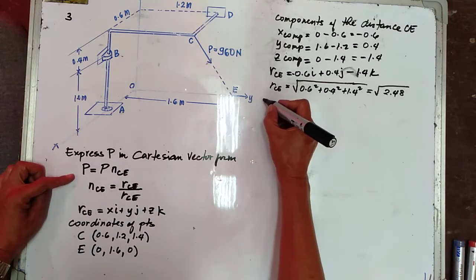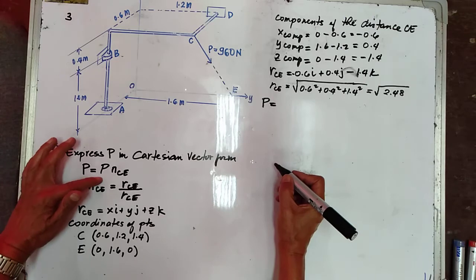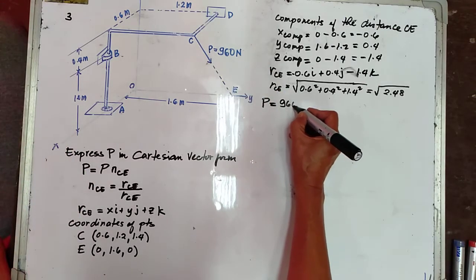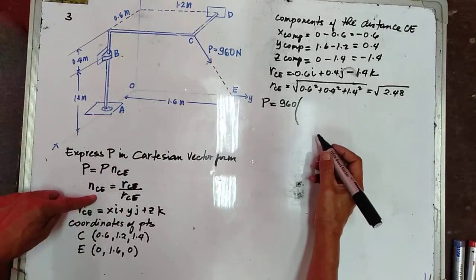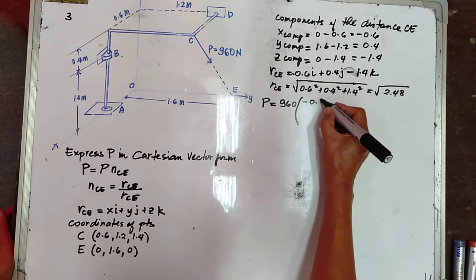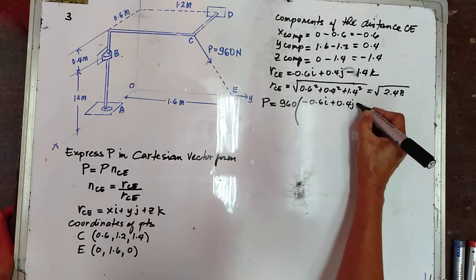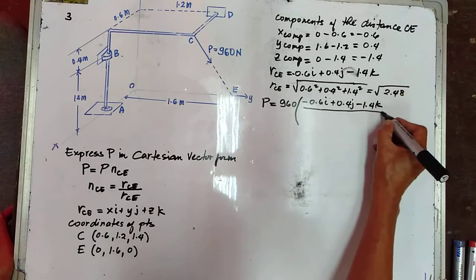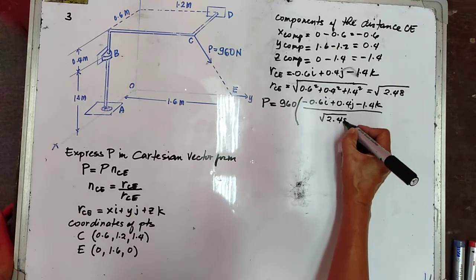So in Cartesian vector form, your P is equal to the magnitude of P, that is 960, multiplied by the unit vector CE. So we have minus 0.6i plus 0.4j minus 1.4k all over the square root of 2.48.